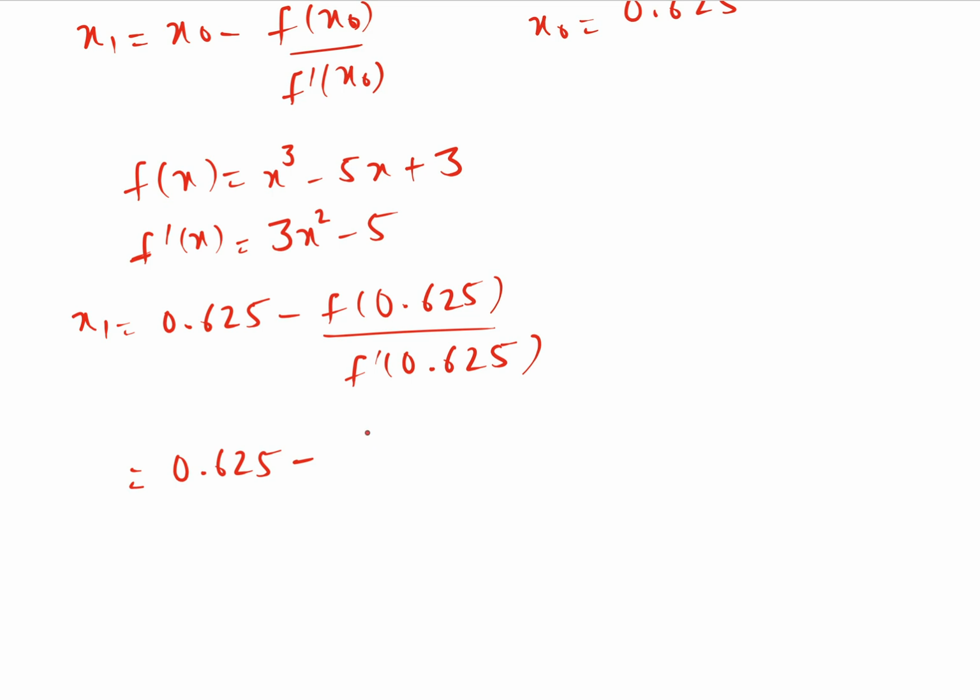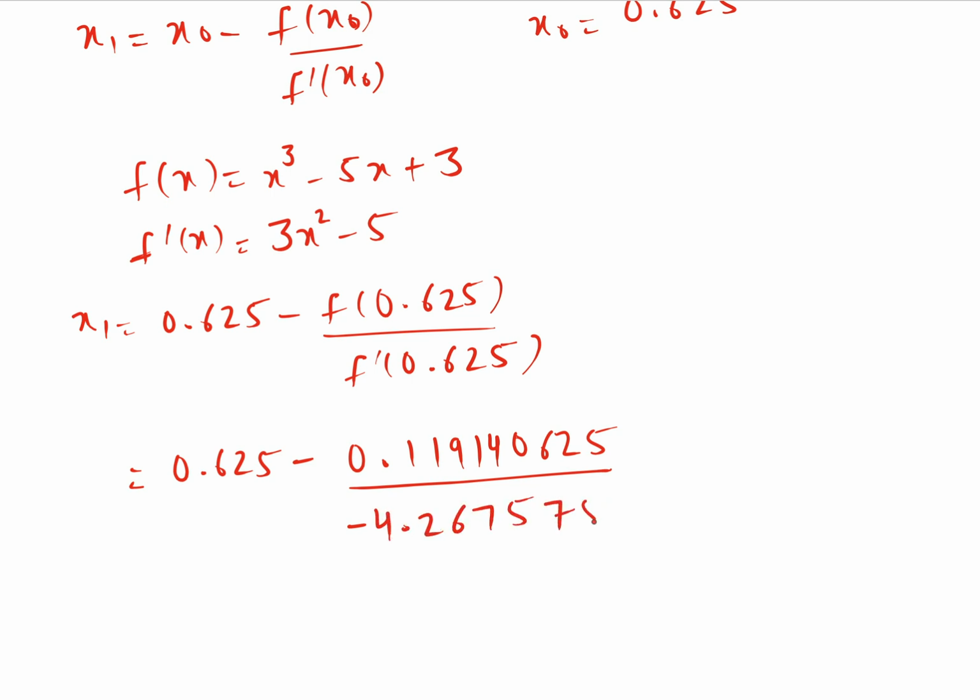This is 0.119140625. Upon 3x square, 0.625 square into 3 minus 5. Here I have got minus 4.267578125.